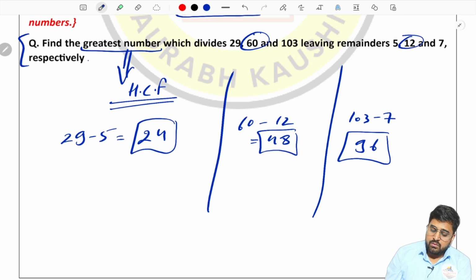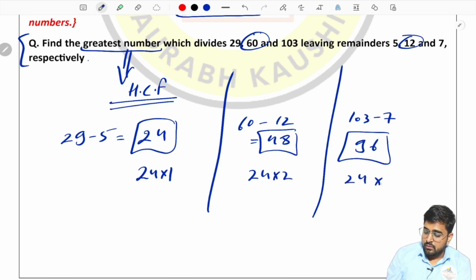In this scenario, I am seeing a common multiple here, which is 24. How? It is basically 24 into 1, 24 into 2, and 24 into 4. And the highest common factor here is 24.